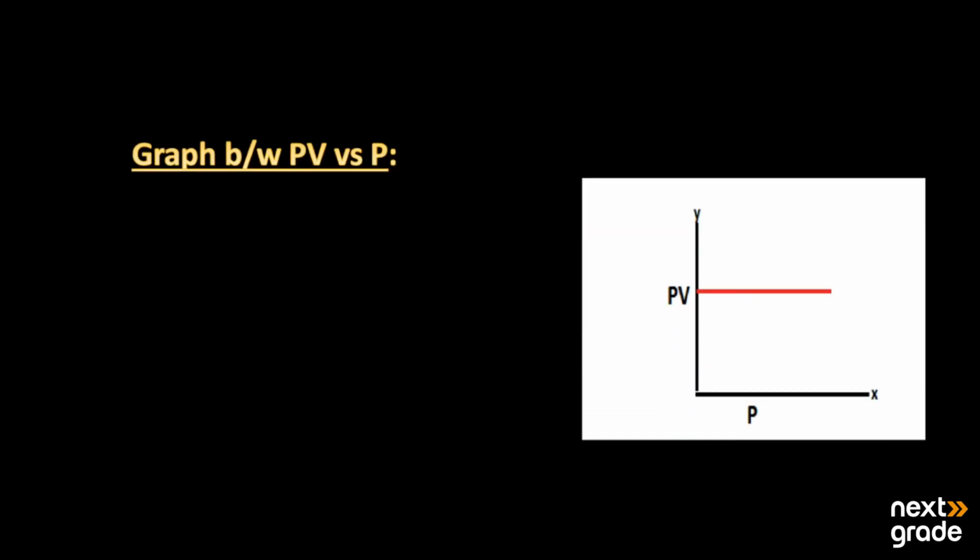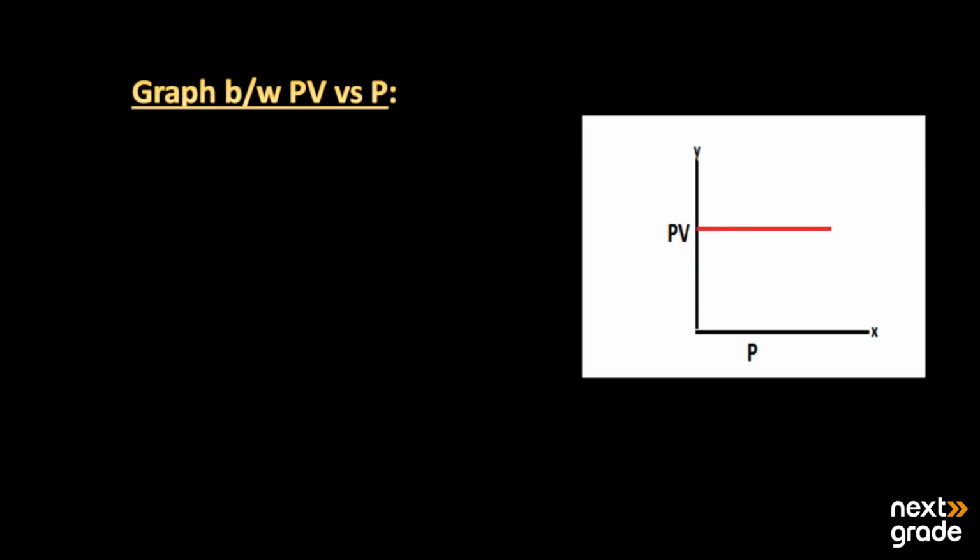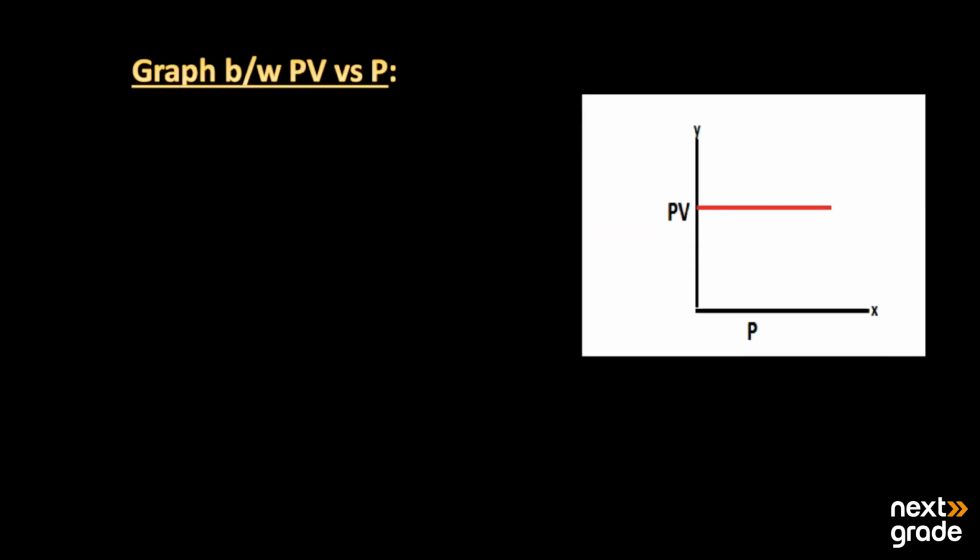After that we have a graph showing the relationship between the product of pressure and volume versus pressure. When we take the pressure along the x-axis and the product of pressure and volume along the y-axis, we gain a straight line.